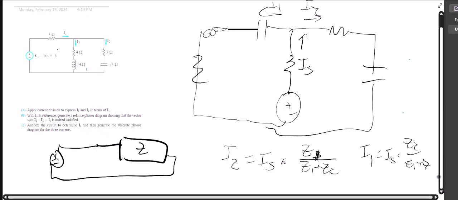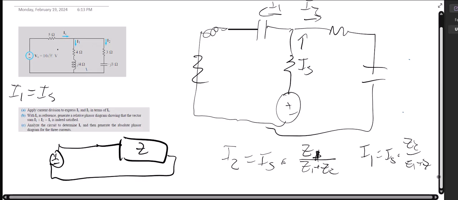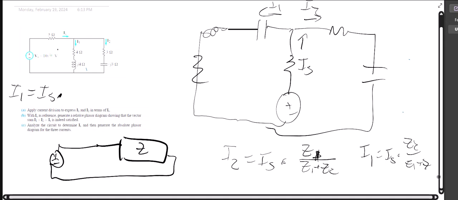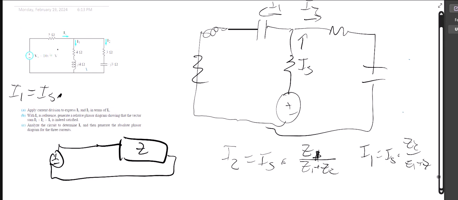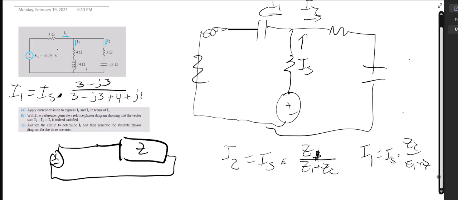And so what I would do from here, in this example right here, if I had IS, then I1 would equal IS times the impedance for 2, which would be 3 minus j3, over the sum of the two impedances, which would be 3 minus j3 plus 4 plus j4.